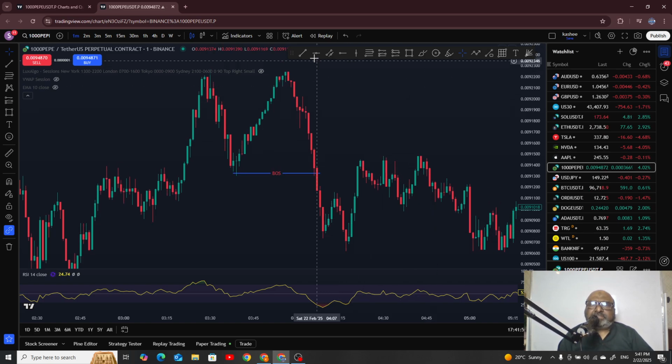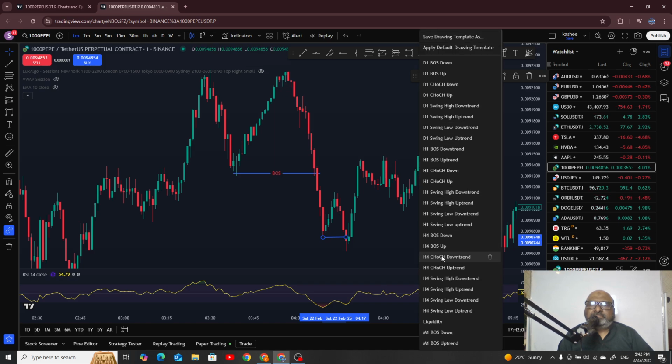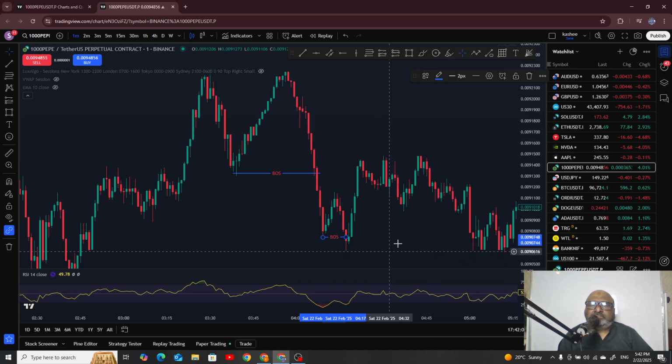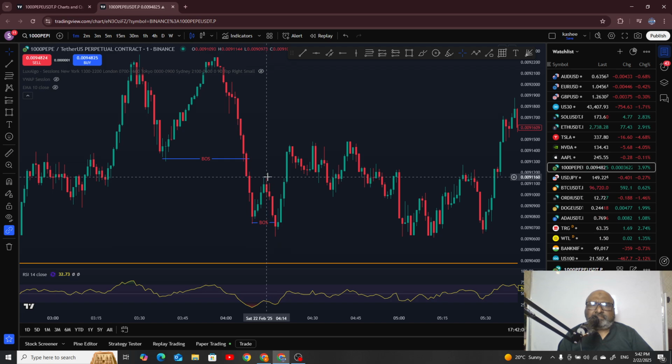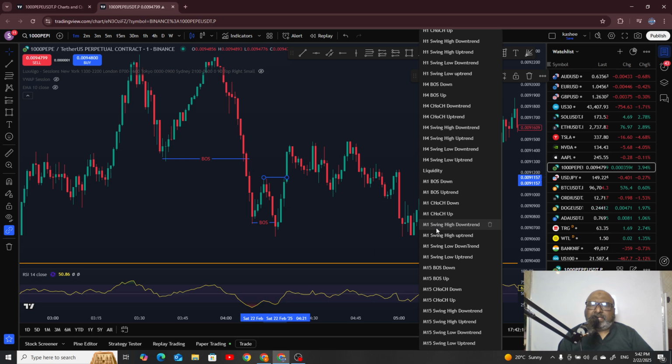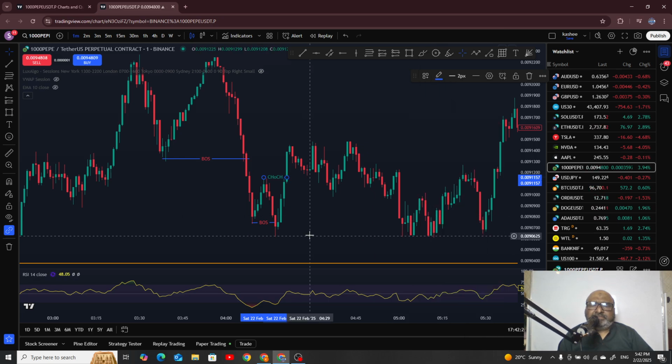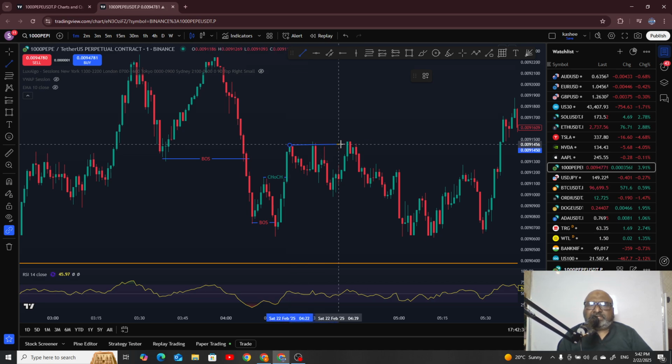Yes, it is break of structure. And this is change of character. Okay. M1 change of character towards upside. This is high. This swing high is again broken here.